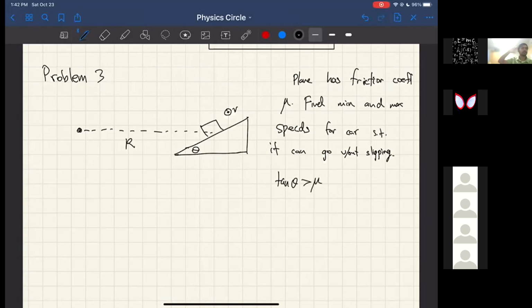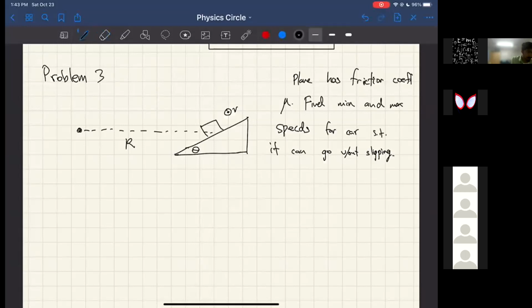Assuming that the angle is enough, then the car will just slide down. If tan theta is less than mu, then you can have the minimum speed be 0. So this will, by the way, be a good check for our answer: when we find the minimum speed, then for tan theta less than mu, we should find that the minimum speed is 0. All right.